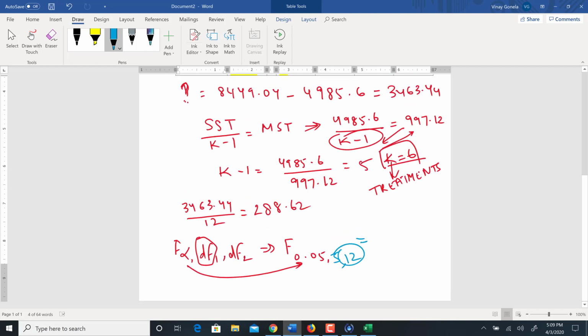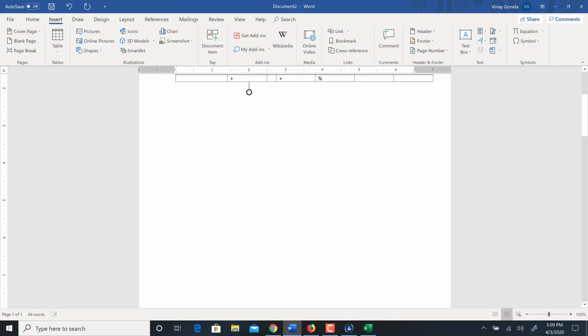Let me go to a new sheet, I will insert a new blank sheet. If I have F greater than F alpha, degree of freedom 1, degree of freedom 2, we reject our null hypothesis. The other way of saying is it is significant. So is it significant? You will say yes, it is.